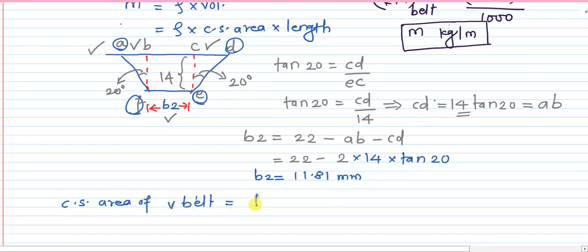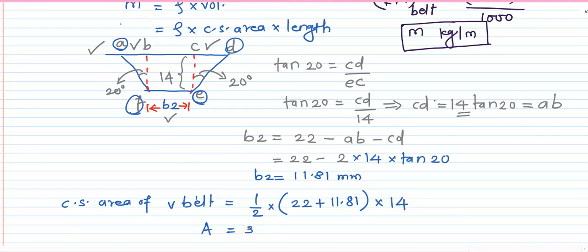It is equal to, because it is a trapezoid, half of the summation of the parallel sides. The topmost parallel side is 22 and the bottom parallel side that we just calculated is 11.81, multiplied by the height of this trapezoid, that is 14. So the cross-sectional area that was necessary for us is, my mistake, 236.67 mm square.